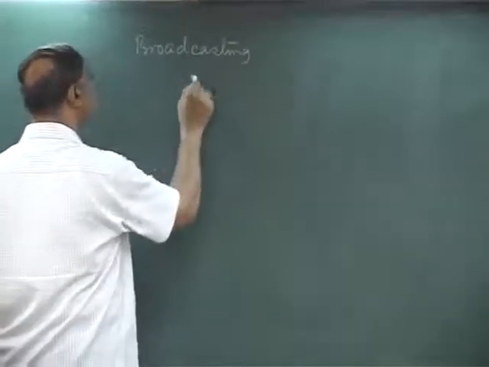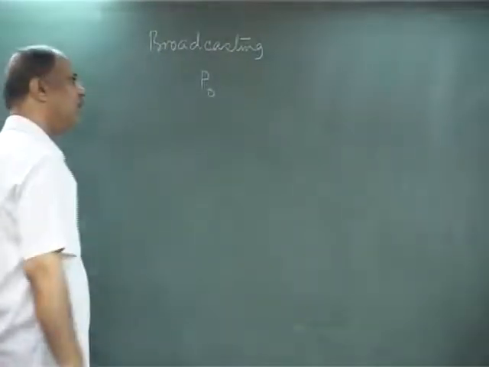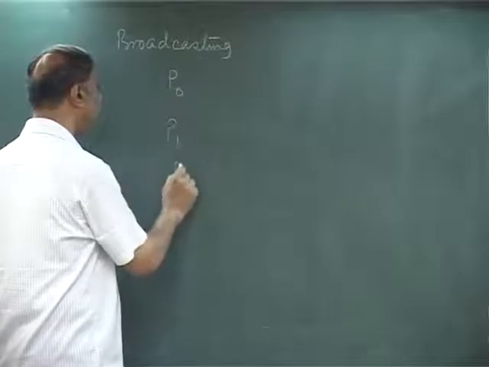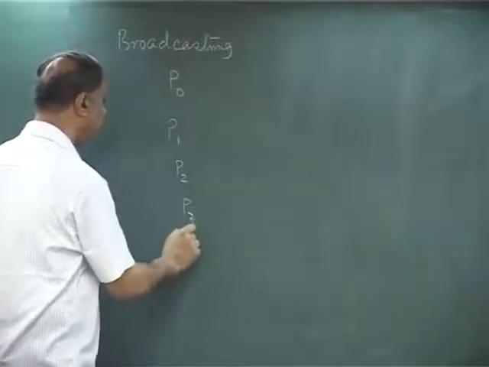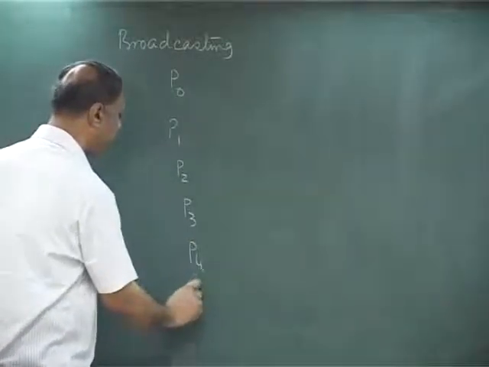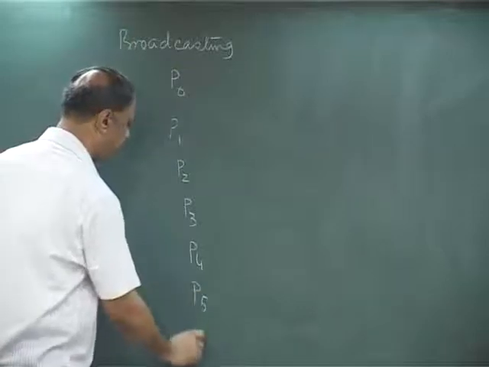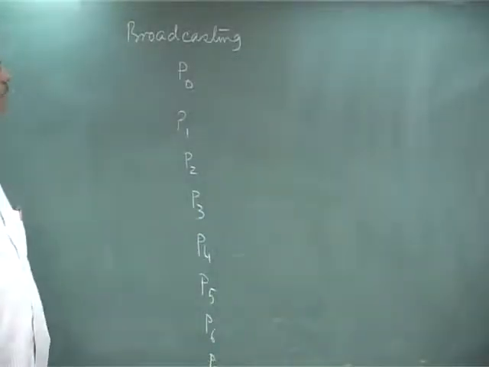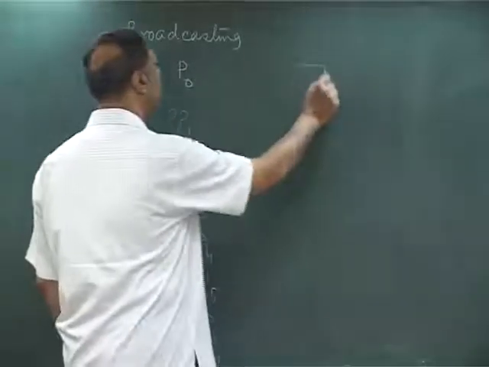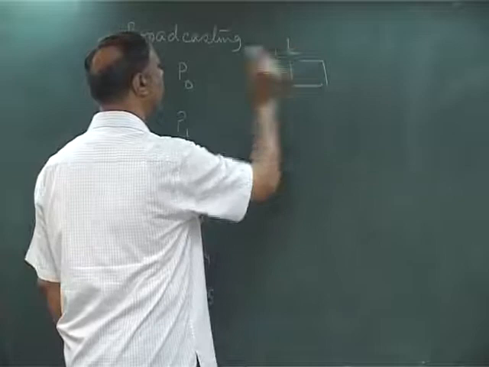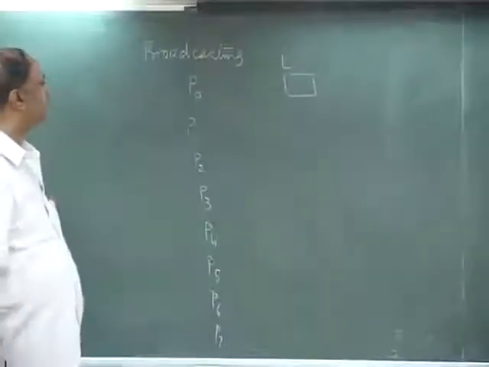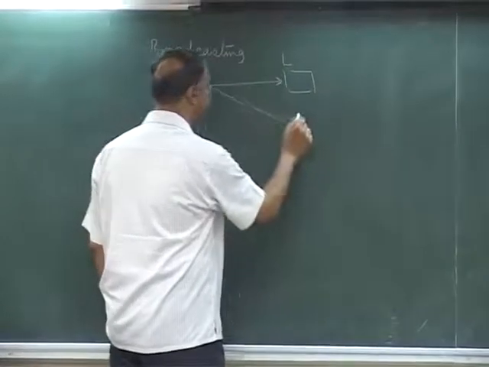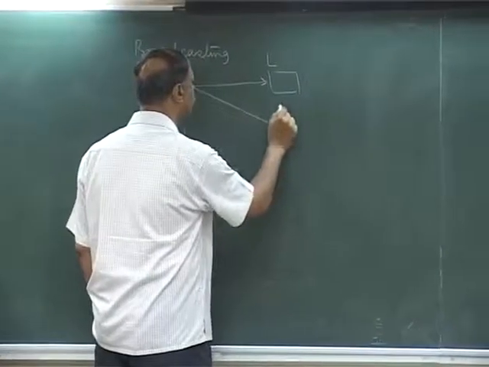That is, suppose P0, P1, P2, P3, P4, P5, P6, P7 simultaneously want to read the location L. What we will do: P0 first reads L and writes into a location, say B1.